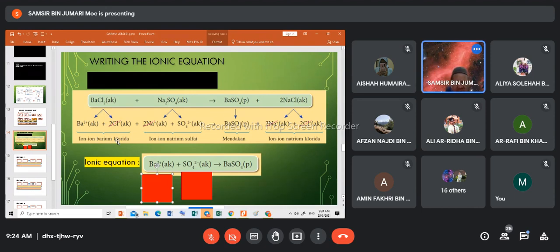Ion-ion yang kita perlu ambil semula dengan apa yang kita buang, kita tak tahu. Kalau kita tak tahu apa yang sebenarnya garam yang terbentuk tu solid ataupun tidak. Jadi kita kena tahu garam tu. Jangan kita lupa. We have to remember all the solubility of the salts.